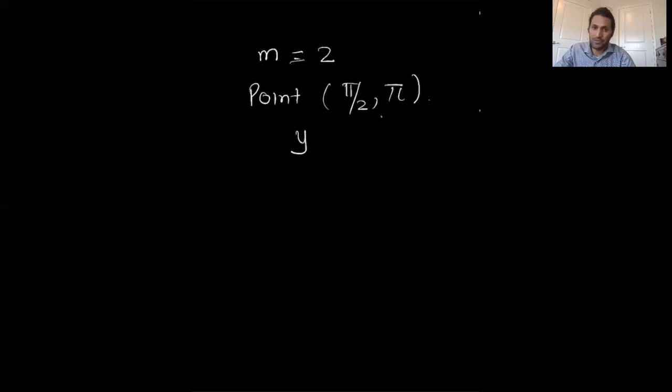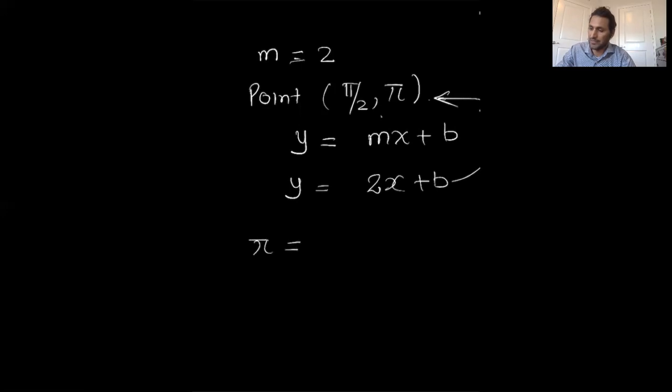The equation of the line is y is equal to mx plus b, so y is equal to 2x plus b. Since the line passes through this point, we can plug that point into the line. The y value is pi when the x value is pi by 2, so pi is equal to pi plus b. This implies b is equal to 0.